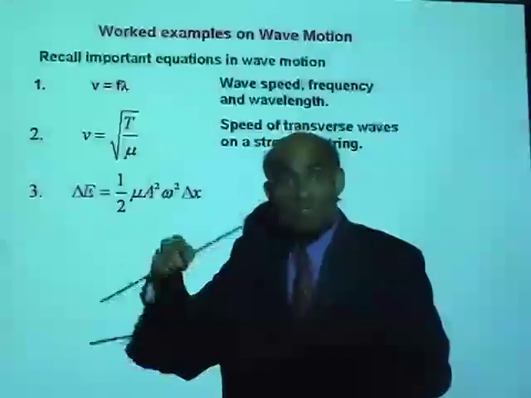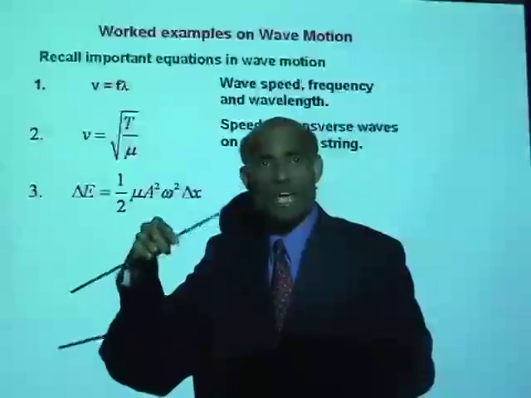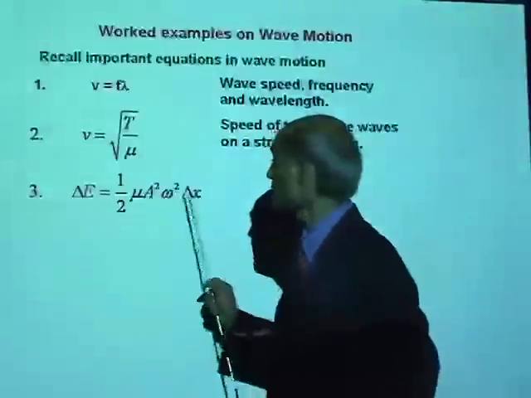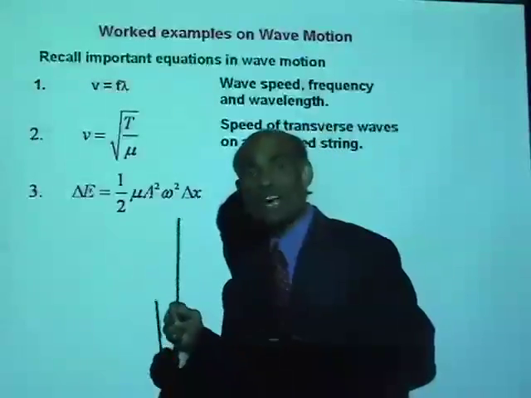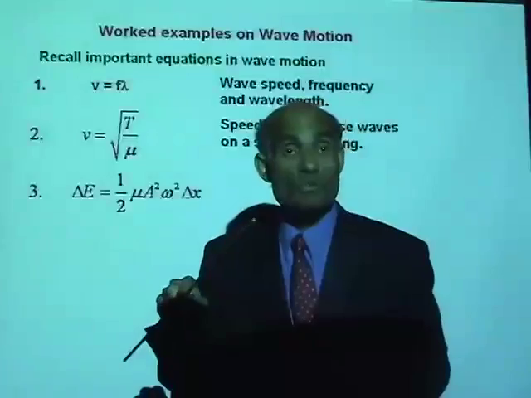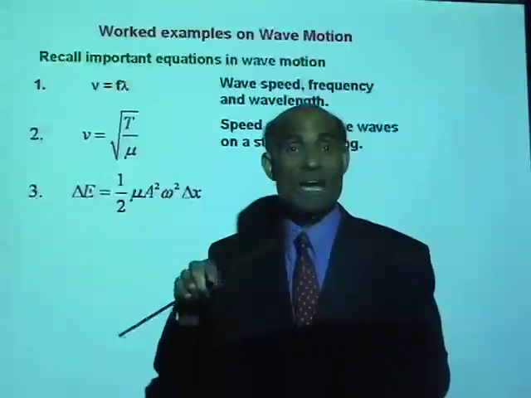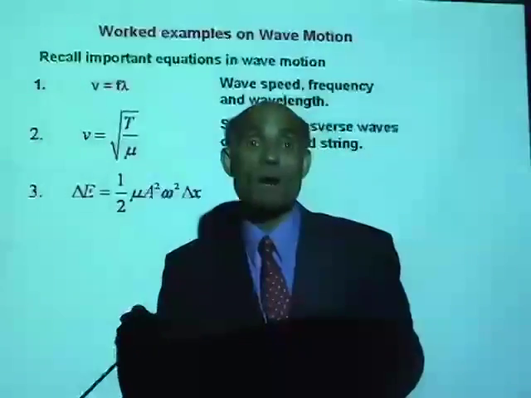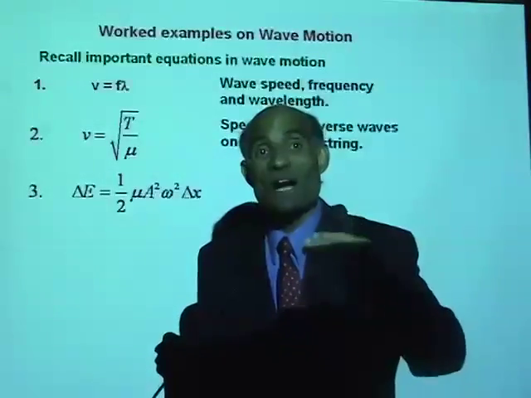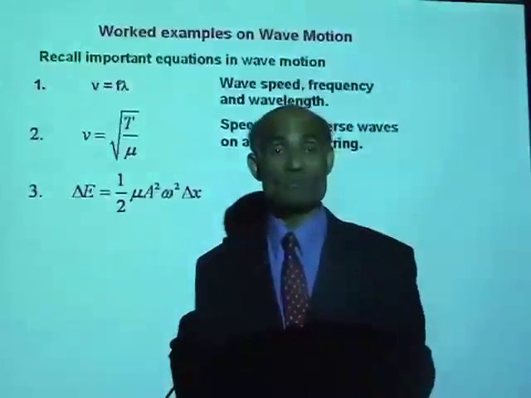A is the amplitude of vibration. What is the amplitude? Amplitude is the maximum displacement, and omega is the angular frequency, which is related to the frequency of vibration as omega equal to 2 pi f, or omega is 2 pi divided by the period.